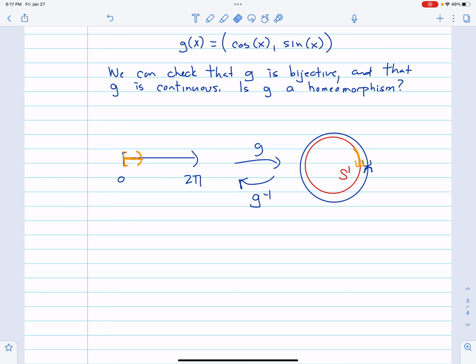But we can actually also see it in terms of sequences. The other definition of continuity says that if we have a sequence of points here that converges to some point x, then the corresponding sequence over here should also converge to some point f of x.